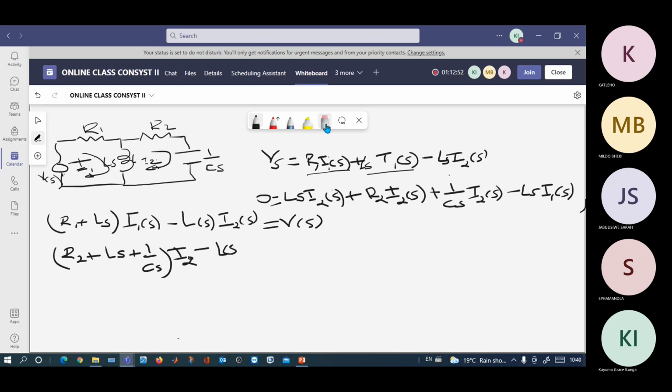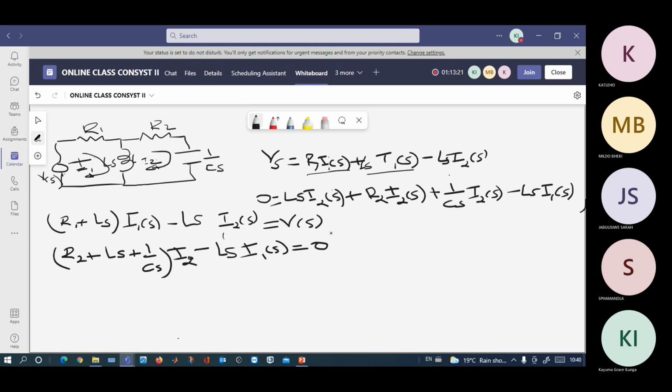This is LS, not L. This is LS. This two is also LS. So it is LS times I1 S is equal to 0.